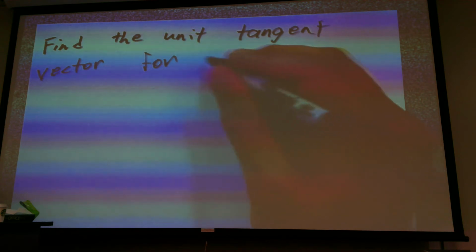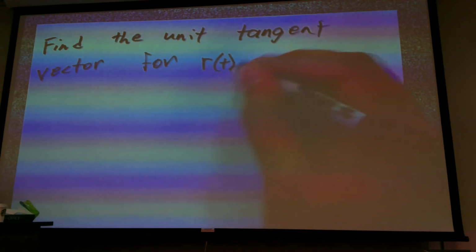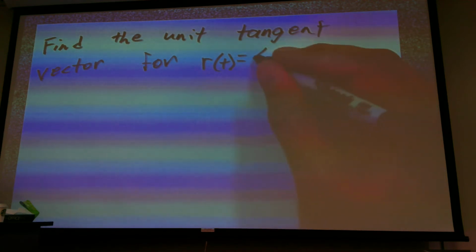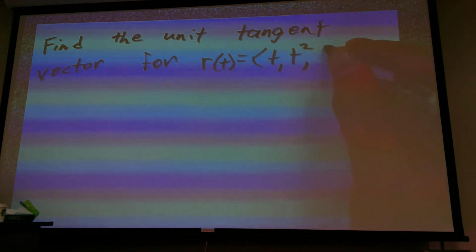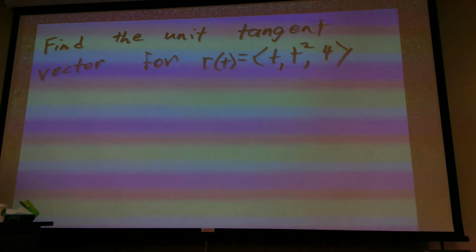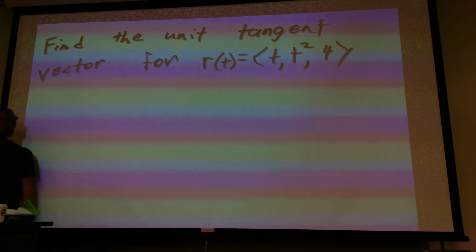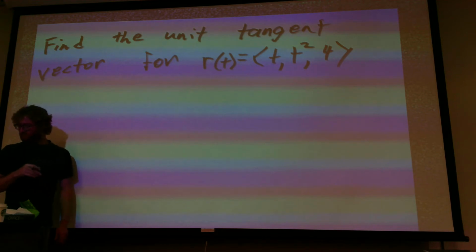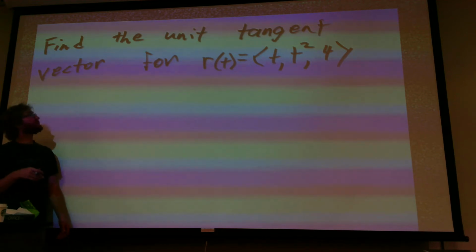R of t equals t, t squared, 4. We'll start with the unit tangent vector, then get to the normal vector and binormal vector. We'll get that far, maybe.